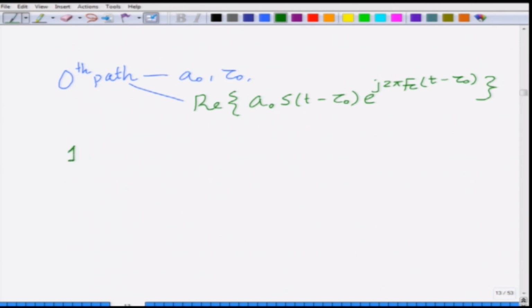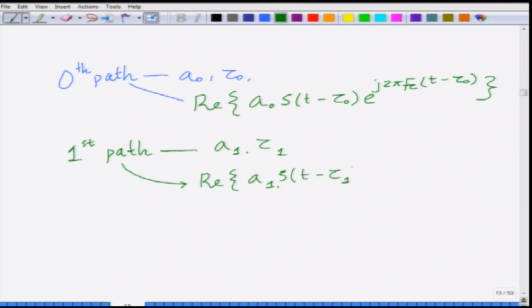Similarly, for the first path, which corresponds to attenuation A1 and delay tau 1, the received signal is A1 times s of t minus tau 1 e to the power of j 2 pi Fc times t minus tau 1. And so on and so forth, we have L paths.